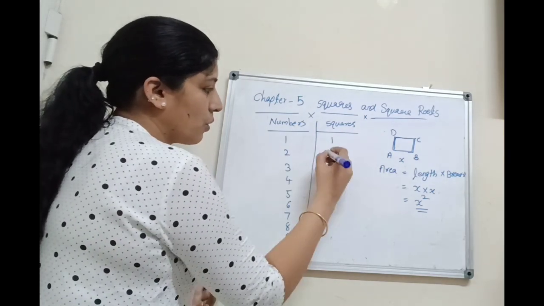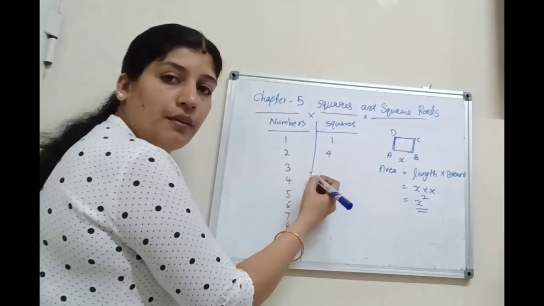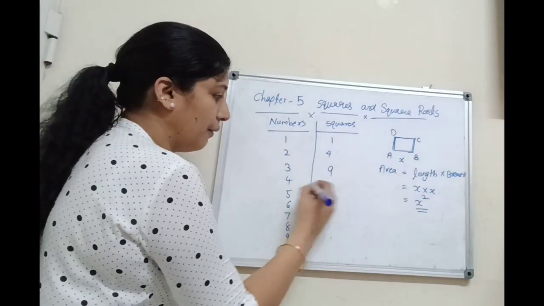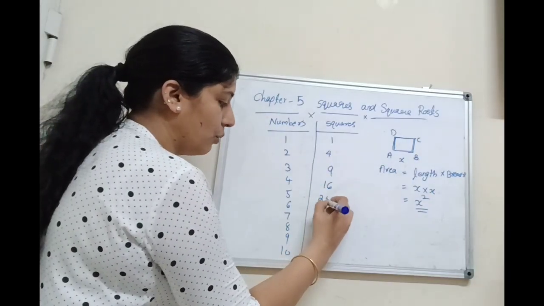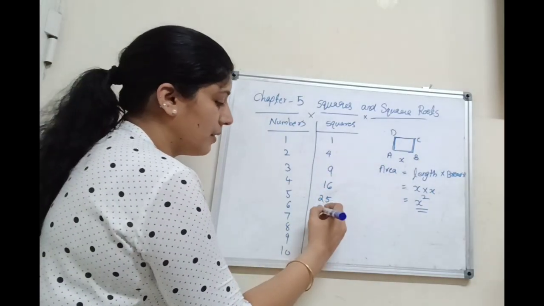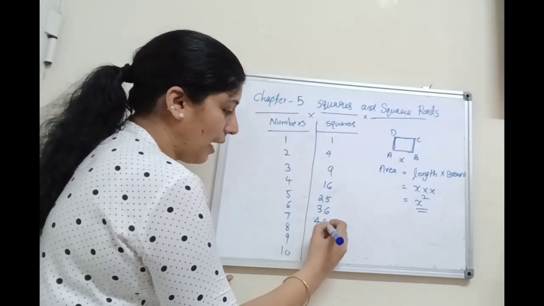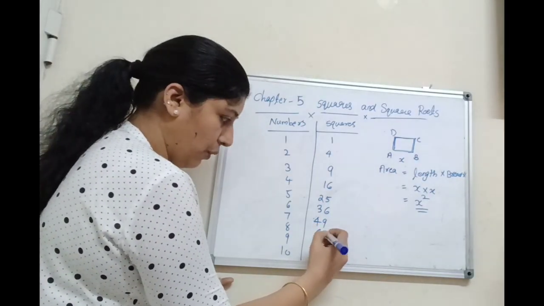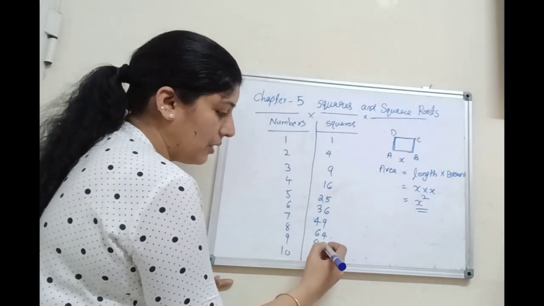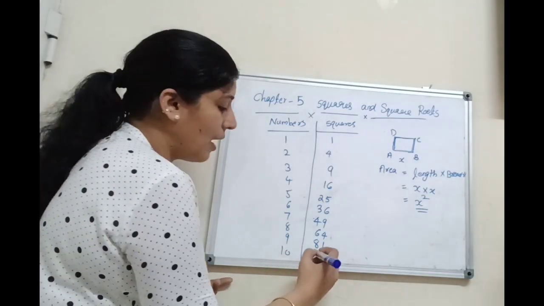Then 2 square is 4, 3 square is 9, 4 square is 16, 5 square is 25, 6 square is 36, 7 square is 49, 8 square is 64, 9 square is 81, and 10 square is 100.